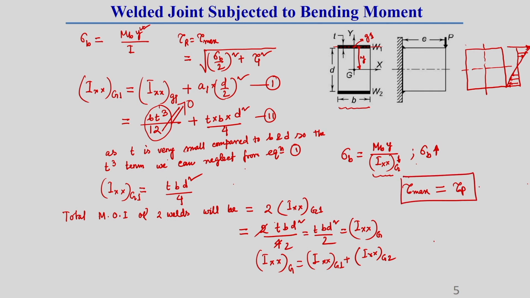By this relationship, that means tau max is equal to tau p, where tau p is the permissible shear stress, we can easily find out what the throat thickness is and what the leg length of the weld is. So, this is the procedure once a welded structure is subjected to some bending stress.